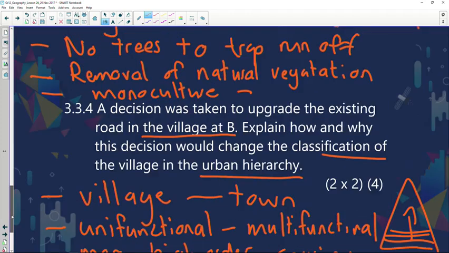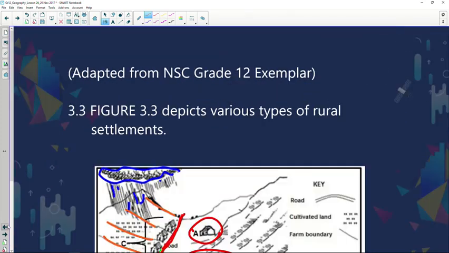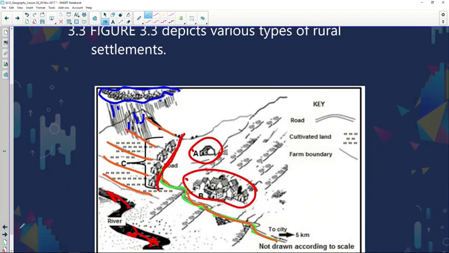So that means, if we go back to this diagram over here, if this little village turns into an urban area, it means people from the surrounding areas further away will be attracted to come and buy goods or to get some sort of services. It means it attracts more people from the surrounding area. Okay, that answers that question over there. Let's see what's our next question.